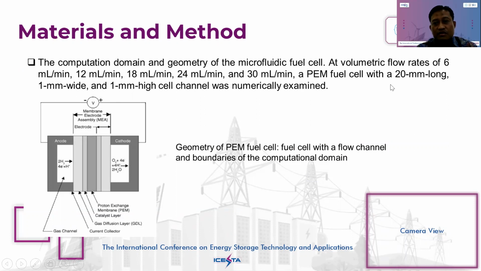A PEM fuel cell with a 20 millimeter long, 1 meter wide, and 1 meter height cell channel was numerically examined. This is the geometry of the PEM fuel cell with a flow channel and boundaries of the computational domain.